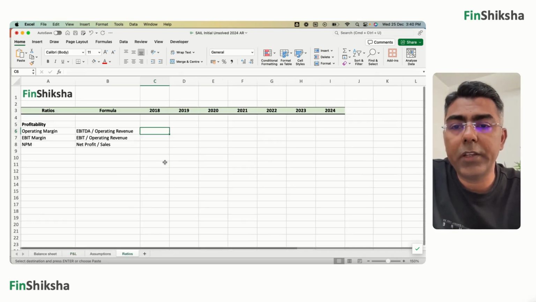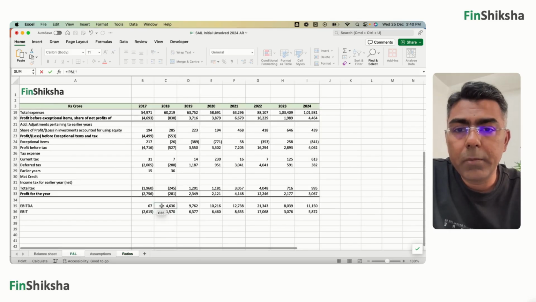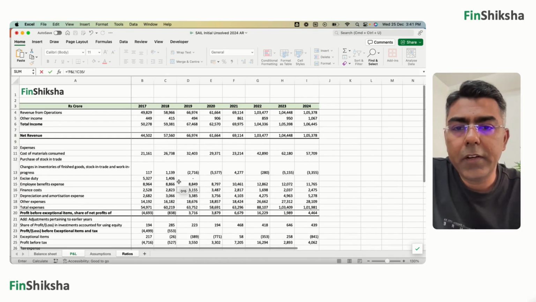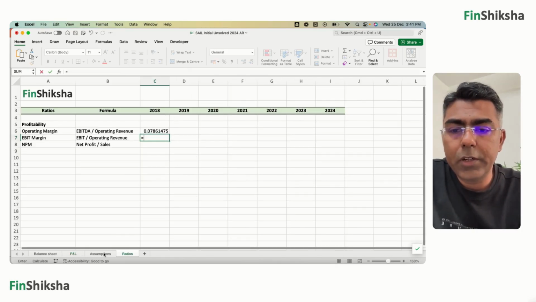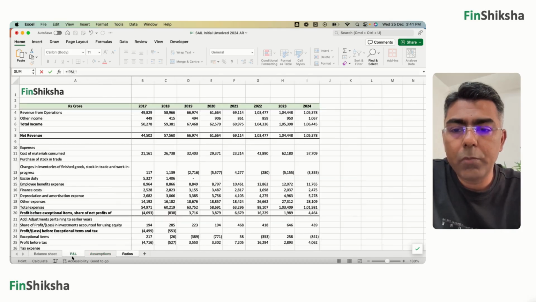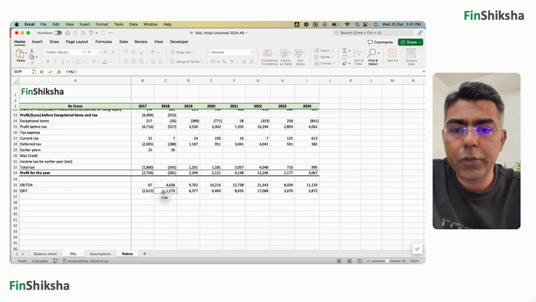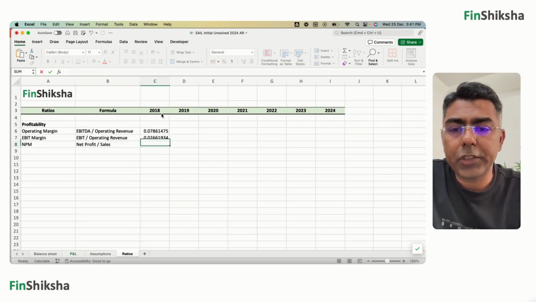Let's quickly calculate the ratios. So EBITDA upon, we'll start 2018 onwards because the first column we've used for formula. That's okay. Divided by revenue from operations. Similarly, EBIT will be, go to the P&L and look at EBIT as a number for 2018, 1570, divided by revenue from operations.